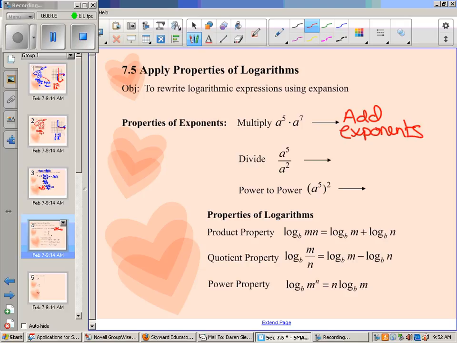What if we divided a to the 5th over a to the 2nd? What about if I'm doing power to a power? What do I do with my exponents? Multiply them. Good.